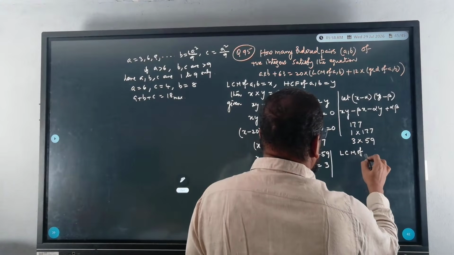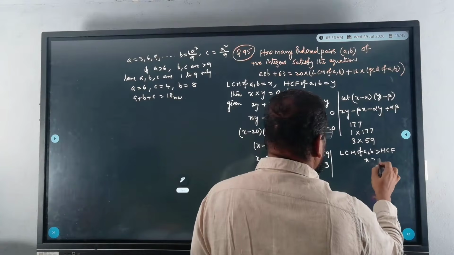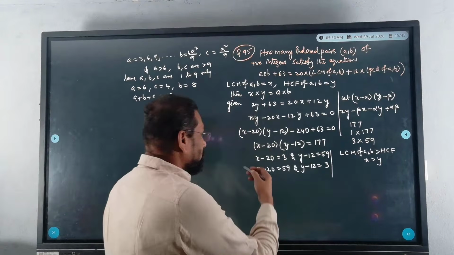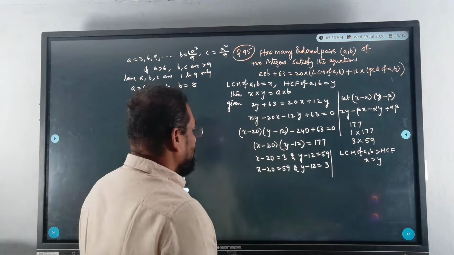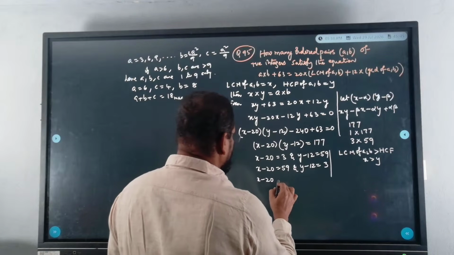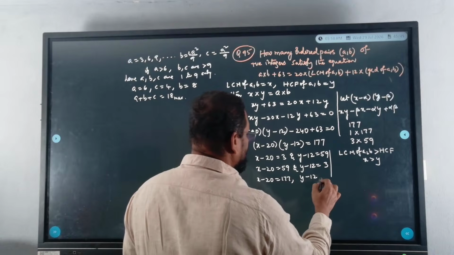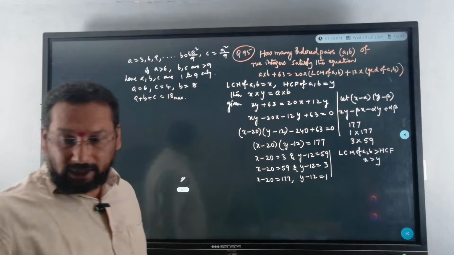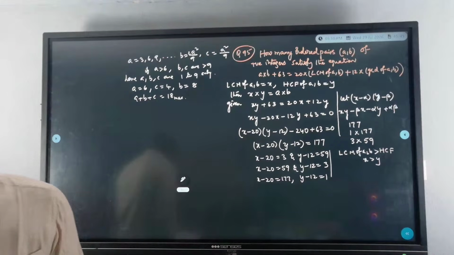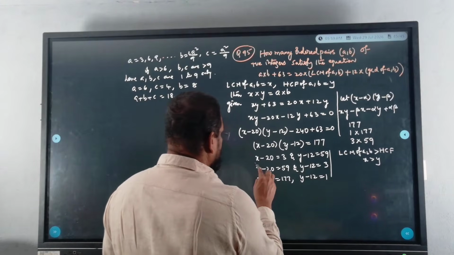Here LCM of A, B is greater than HCF, so x greater than y. So now verify with x greater than y. And one more case also we'll get, that is x minus 20 is equal to 177 and y minus 12 is equal to 1. That is also one case. So here it is not possible, I think.